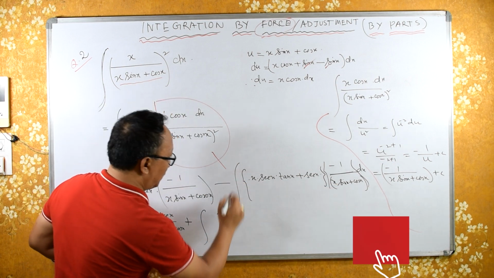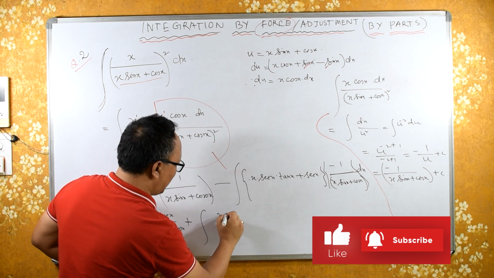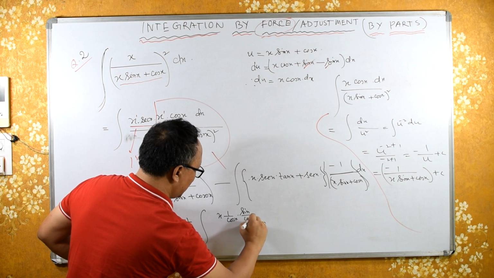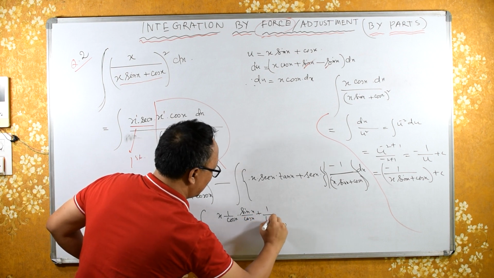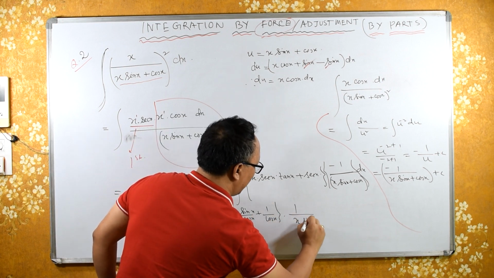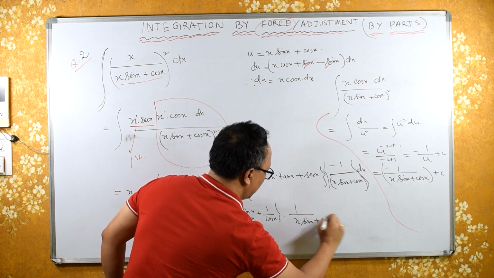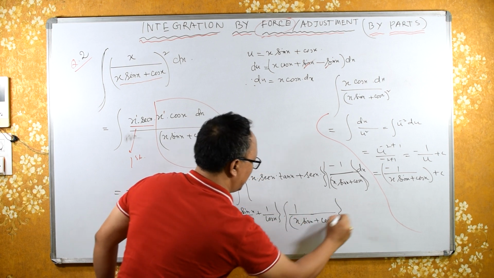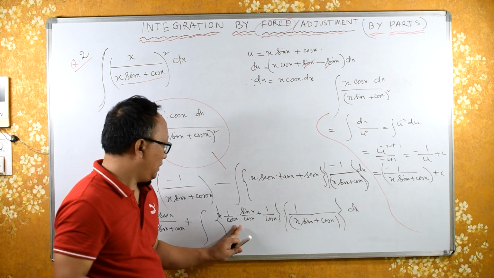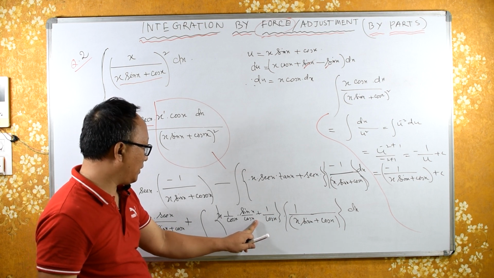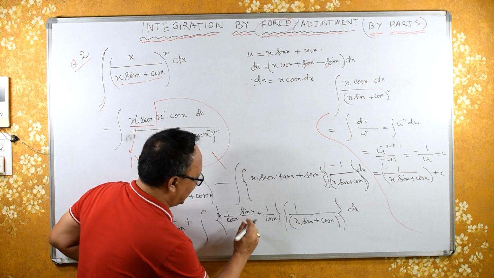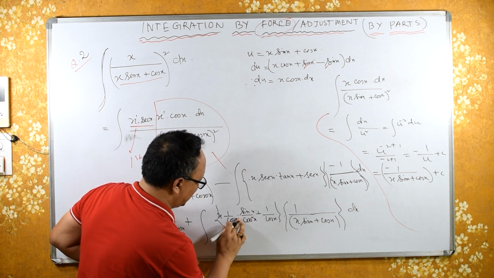Now x into what? Sec is 1 by cos, and then sin upon cos, plus 1 by cos x, into x sin of x plus cos of x, dx. Now if I take LCM over here, here we have cos square into sin x. Here we'll have cos into cos, which I'll write over here as cos square x.